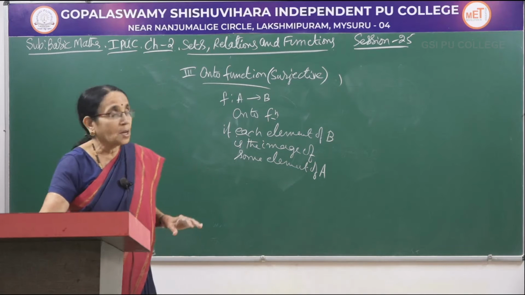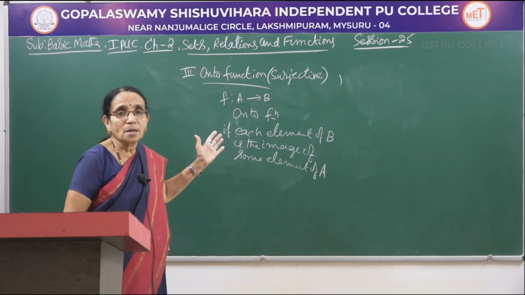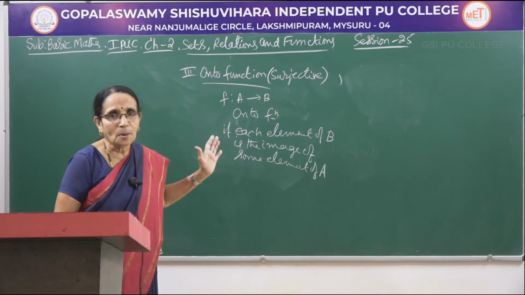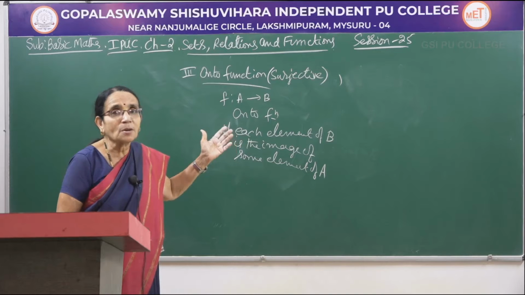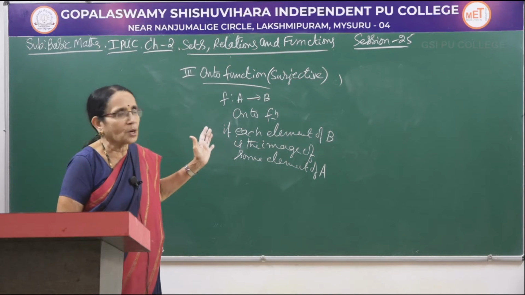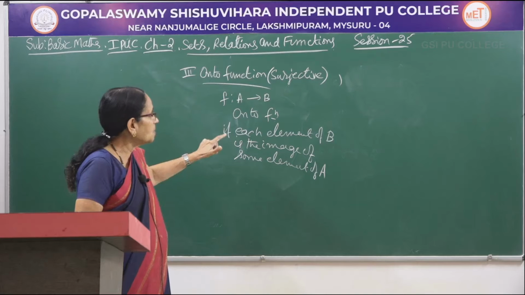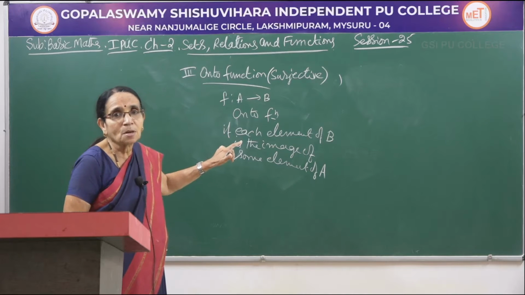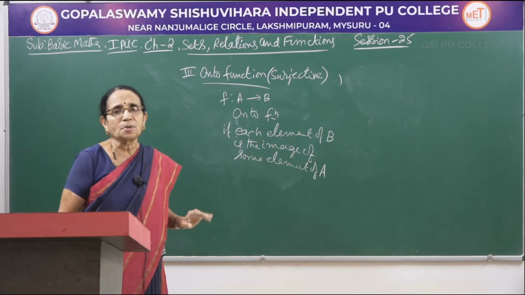That means, according to the definition of the function, all the elements of the domain should have images, but of the elements of the codomain, some elements may be left out, and then also it is called a function. Whereas in this one, each element of B, the codomain, is the image of some element of the domain.